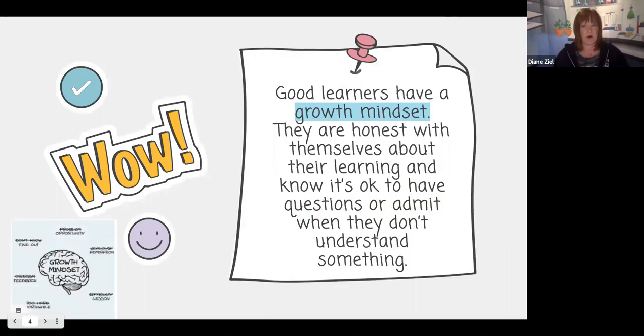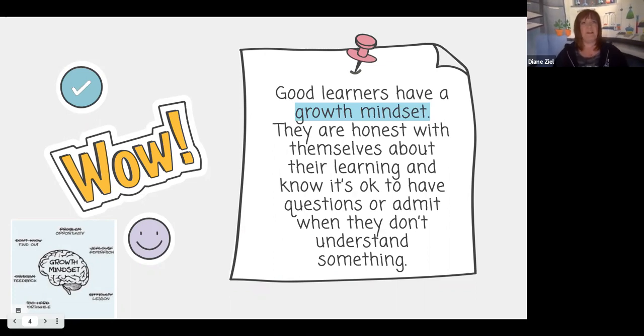So just a reminder about growth mindset. Good learners have what we call a growth mindset. No matter how young or old you are, your mind is constantly growing as long as you allow it to. And the way you allow for that growth is to be honest with yourself about your learning and know that it's okay to have questions or admit when you don't understand something. You don't think of something as difficult, you think about it as learning a lesson.